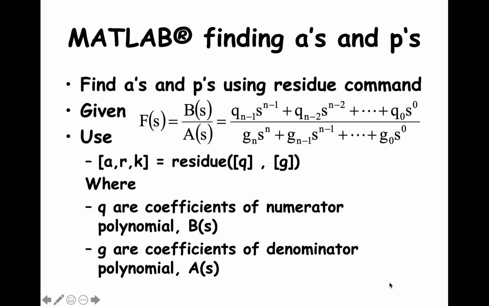The easier method is to use MATLAB to find both a's and minus p's using the residue function. To use residue, it is more convenient to write the Laplace function as the ratio of two polynomials. Here we have B(s) written as a polynomial using q as the constant coefficients in the numerator, and A(s) is written as a polynomial using g as the constant coefficients in the denominator.